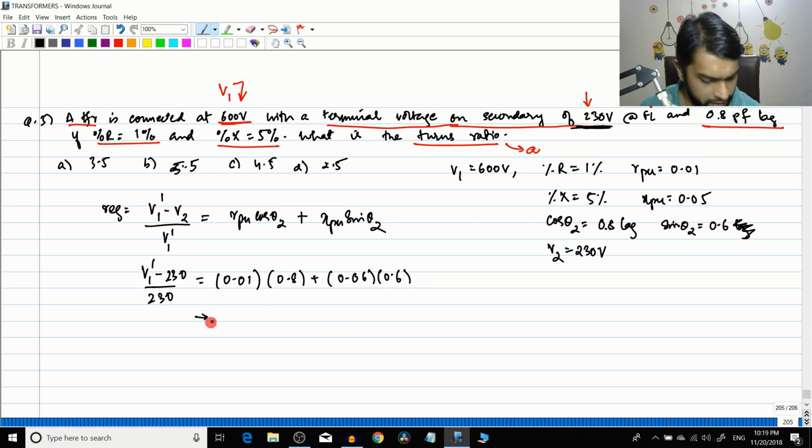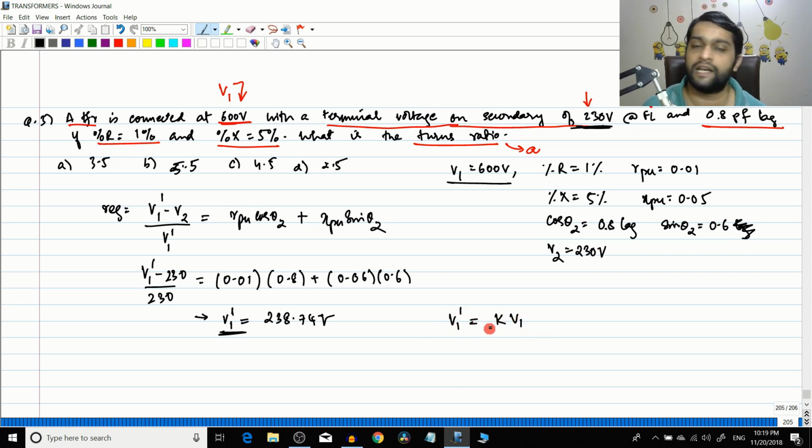From this you can find the V1 dash value, which is equal to 238.74 volt. Now they have given you the value of V1, and you know the value of V1 dash. The relationship is V1 dash is equal to K into V1.